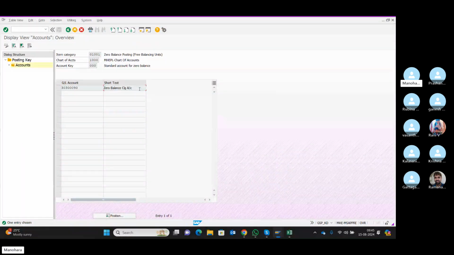Because when payment happens, the zero balance posting, I will tell you later, because it will cause confusion if I mix everything again. So for zero balance posting you have to do this configuration. Because of the zero balance system, you have to do the 00. That time it will come to the zero balance GL.